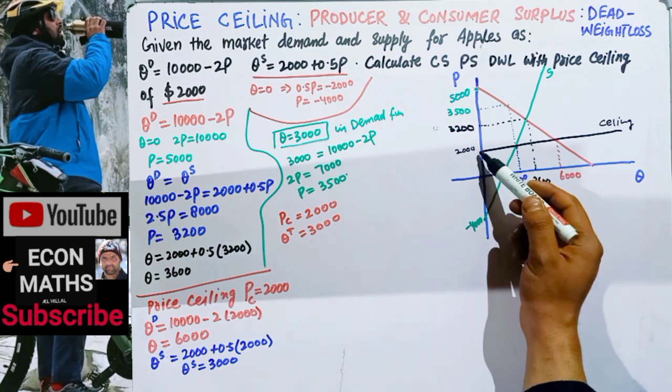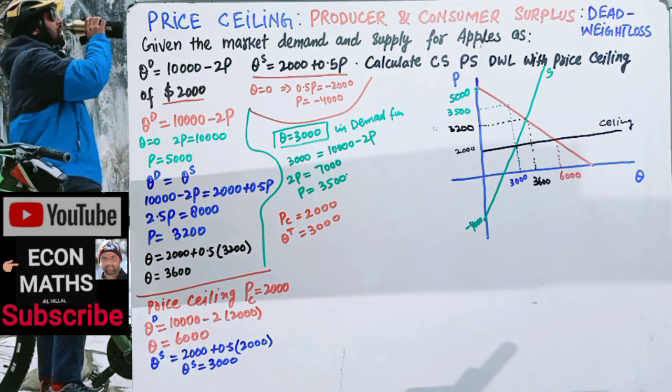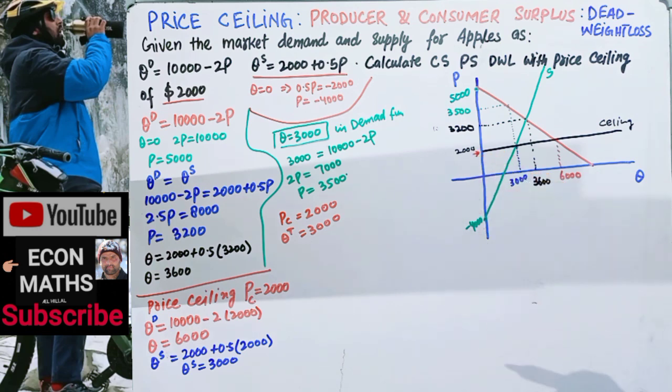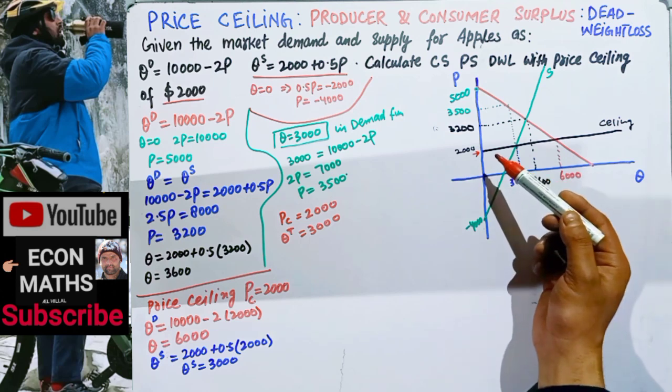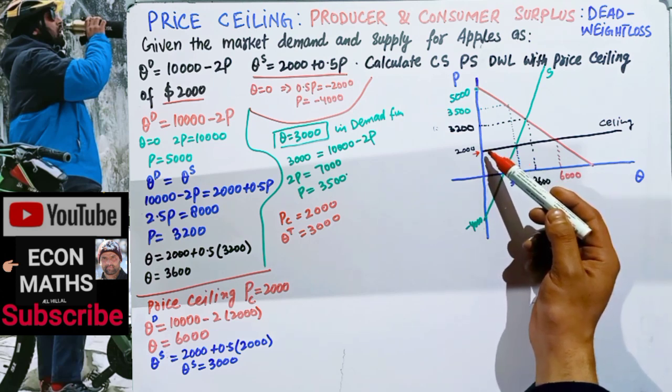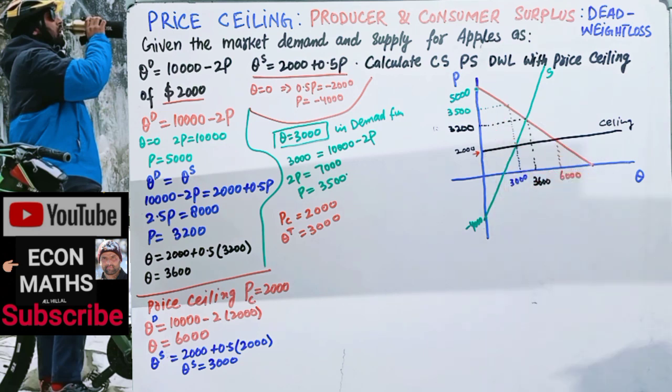Since our price ceiling is 2000, we are concerned with this price, and consumer surplus is the area which lies above the price that is being paid and below the demand curve.